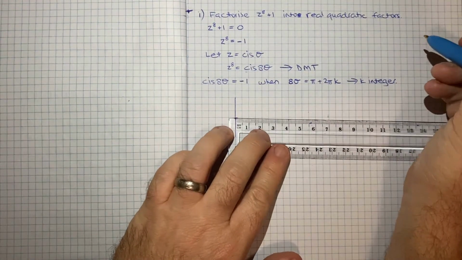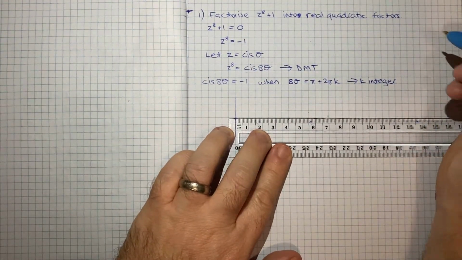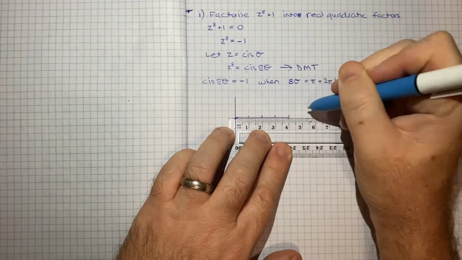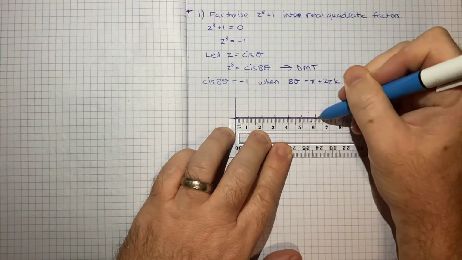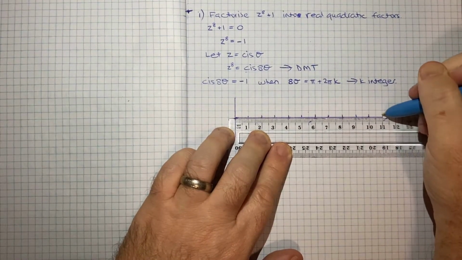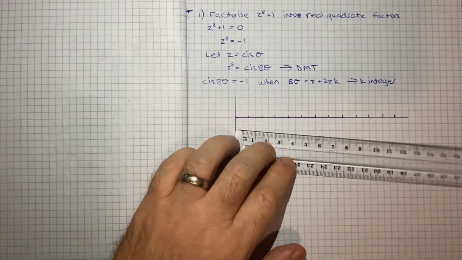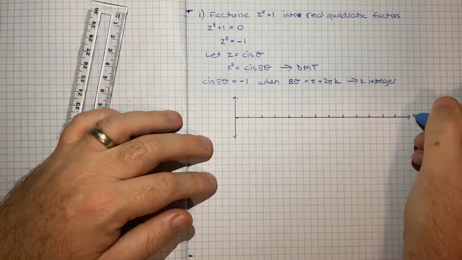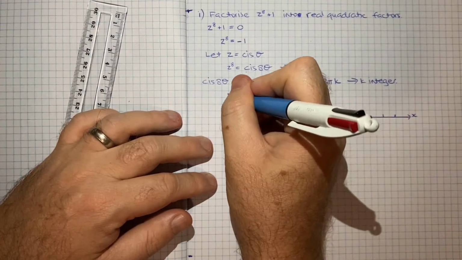Just draw enough so that we can see a few loops. So if I go pi, 2 pi, 3 pi, 4 pi, 5 pi, 6 pi, that's probably enough loops. So I'll just call this x and y.